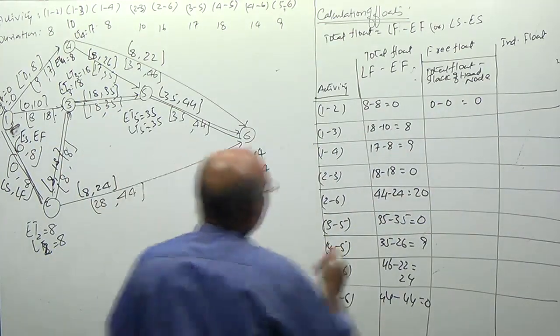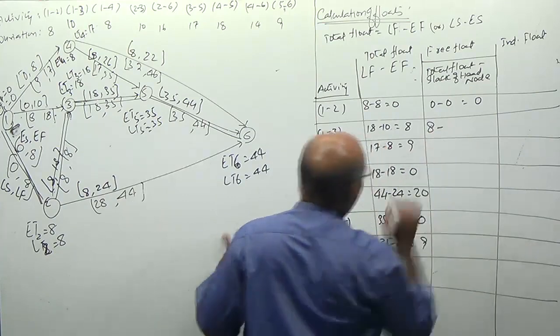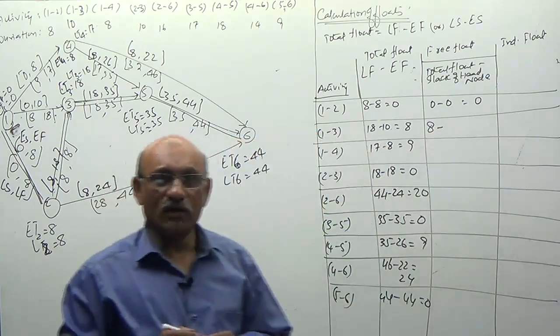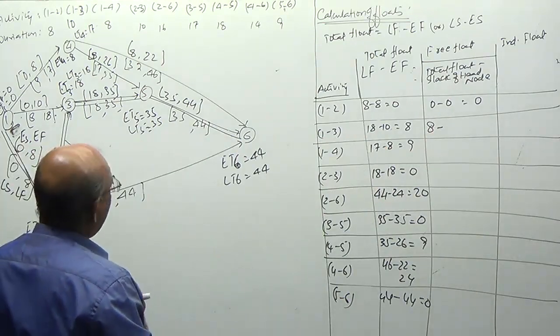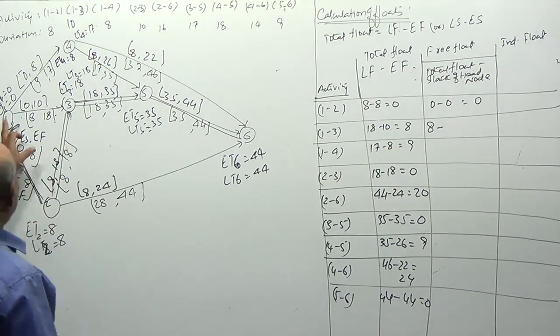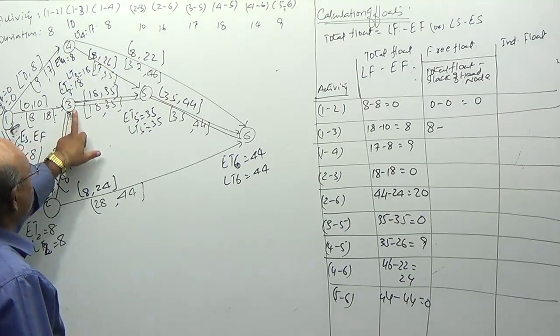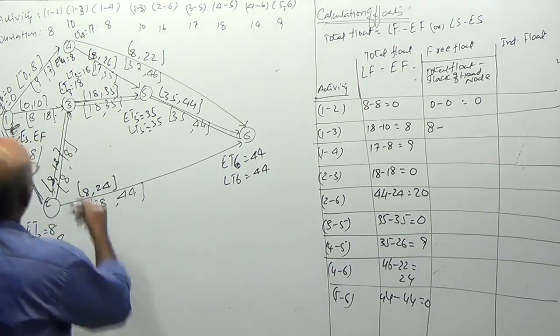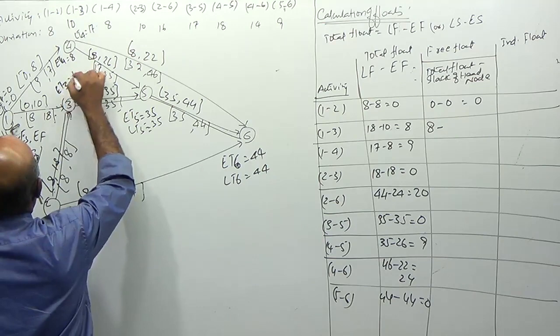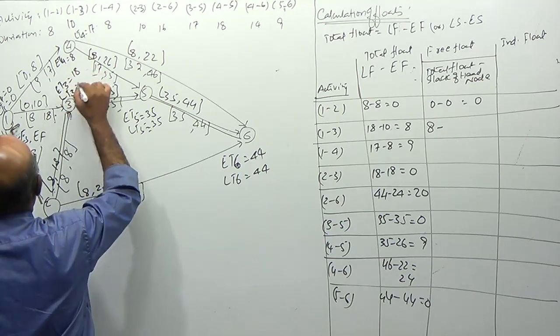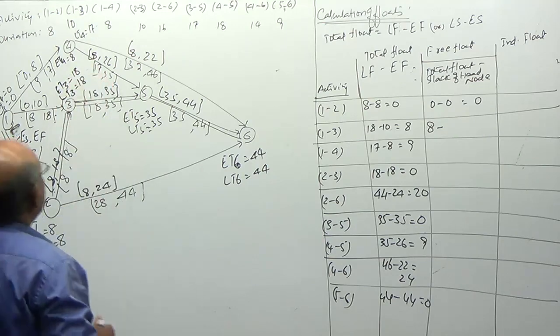For 1-3, total float is equal to 8 days, sir. Minus slack of head node. For 1-3 activity, 3 is the head node. What is the difference of timings? Earliest timing of 3 is 18. Latest timing of 3 also 18.